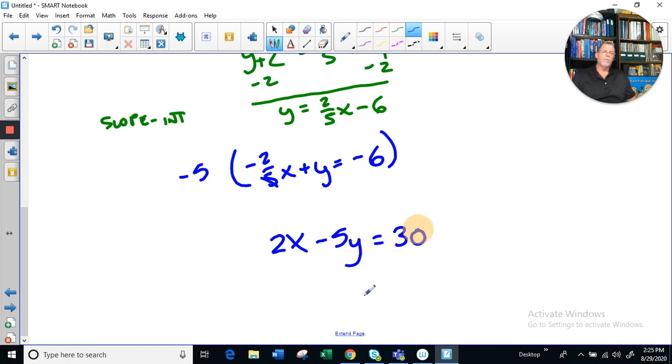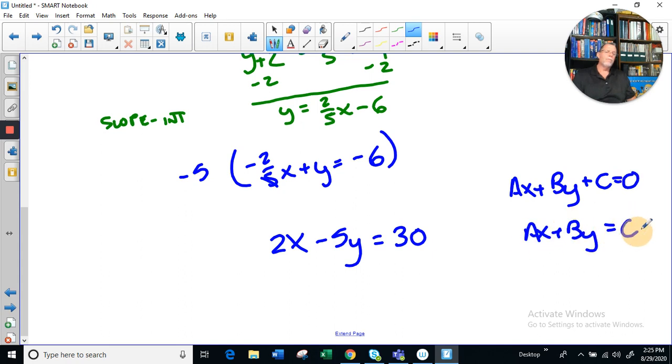And remember, we said we would accept both forms of standard form, either this or this. So you could leave it this way, or if you wanted to go one step further and call it this, that is fine as well.